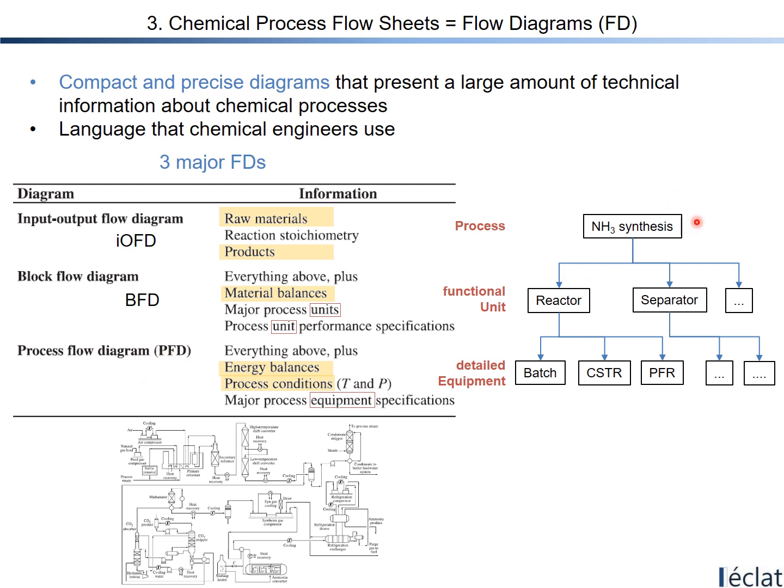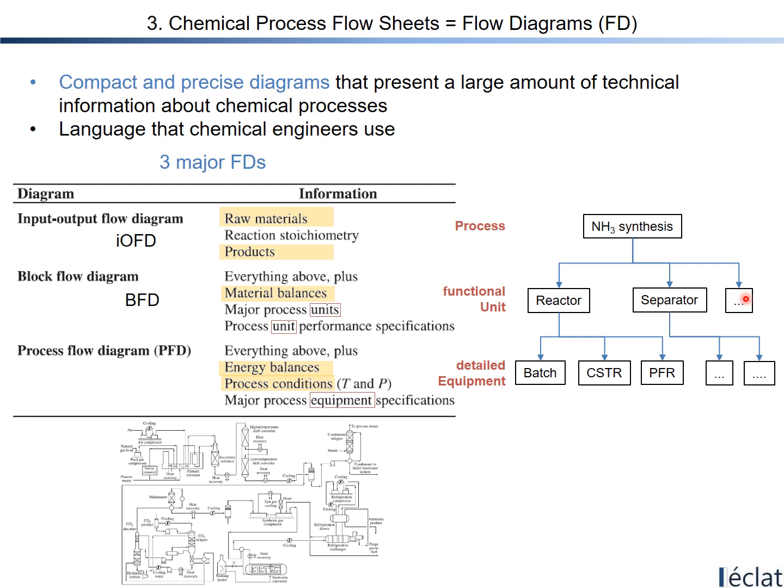Here is the ammonia synthesis, and this ammonia synthesis process is an entire process. This single entire process consists of several units, multiple units, like reactor, separator, something like that.